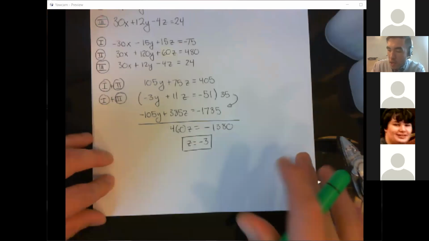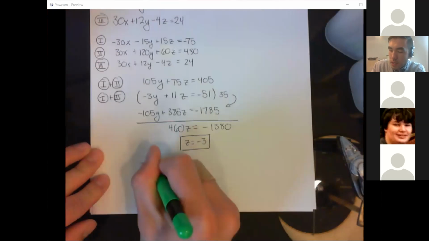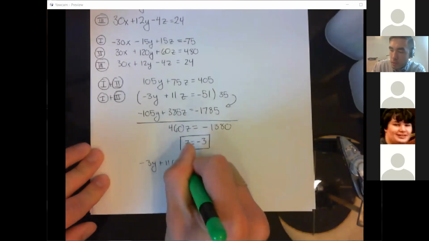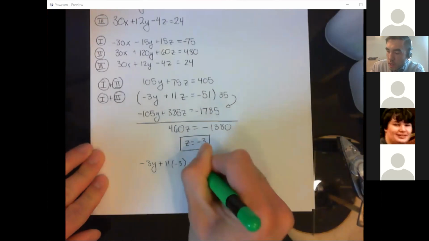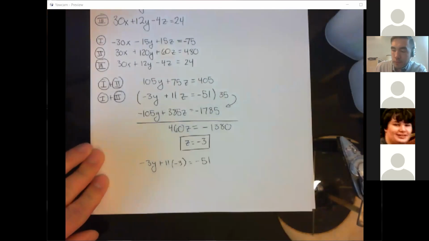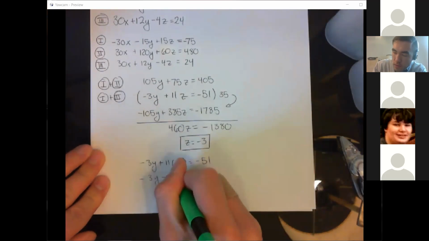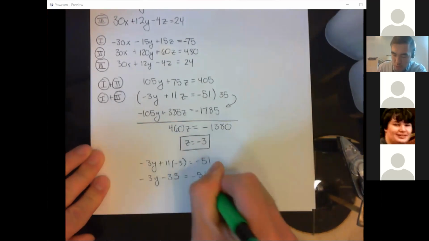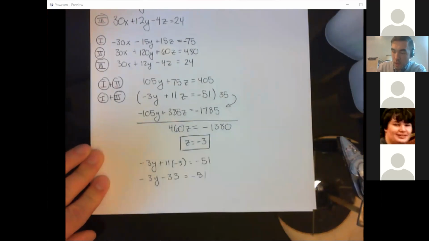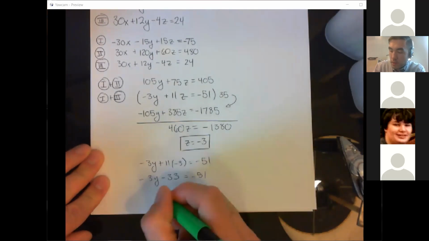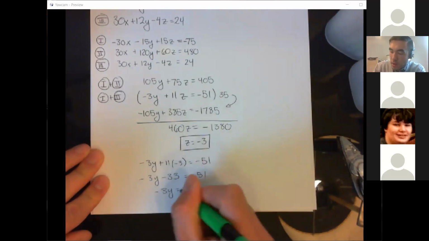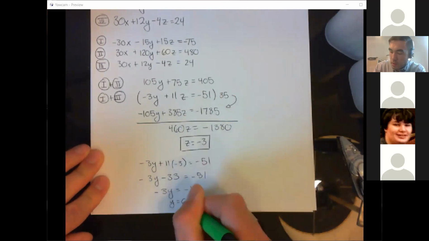So that'll give us negative 3y plus 11 times negative 3, because that's what z is. That's going to be equal to negative 51. And so that's going to be negative 3y minus 33 is equal to negative 51. Now I'm going to add 33 to both sides. That gives me negative 3y is equal to negative 18. And so y is equal to 6. That's my second value.